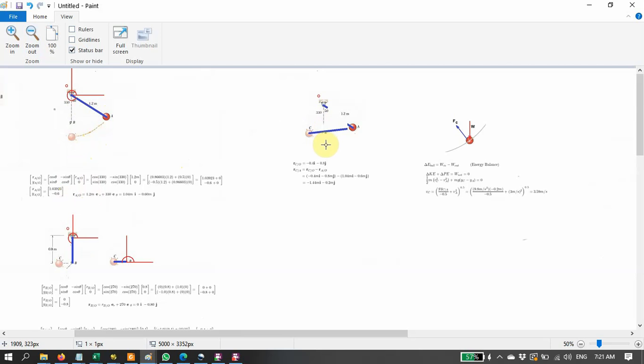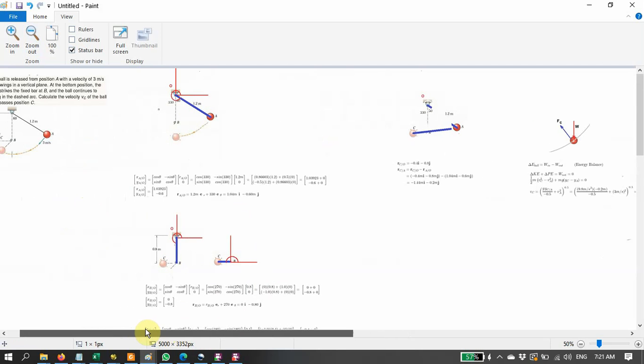Next, we look at the position here and then to C. Get the position vectors for B and C, and finally we look at the position vector from A to C. So this is the initial state, this is the final state. Let's go to the first kinematic state.